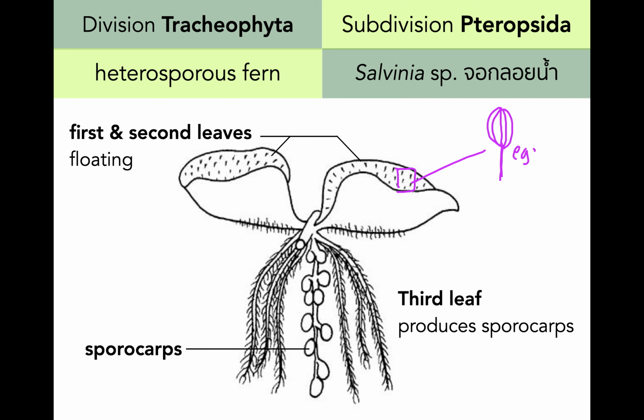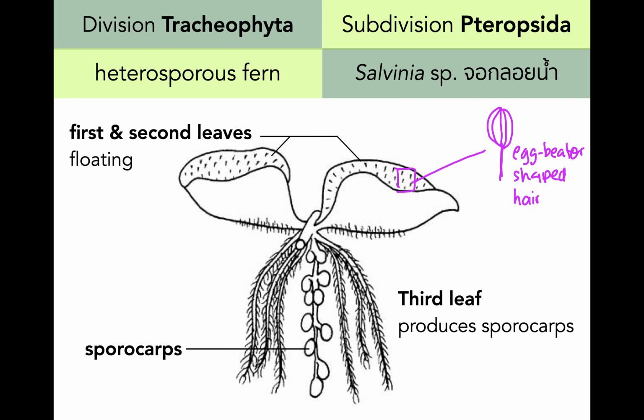It has this egg-beater hair. If you don't know what an egg beater is, go in the kitchen, ask people who bake. It's the structure that you use to beat the egg so that it gets fluffy. So it looks like that. I'll show you a picture in the lab part as well.